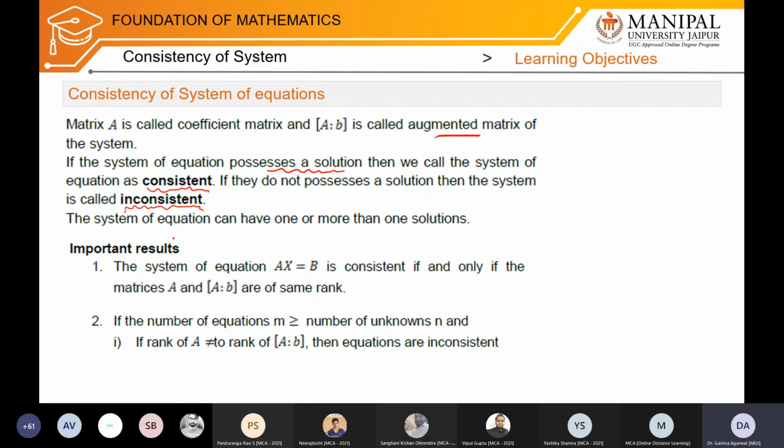There are few rules to find the solution of the equation. So the first is the system Ax equals B is consistent if and only if the matrix A and augmented matrix AB are of same rank, right?